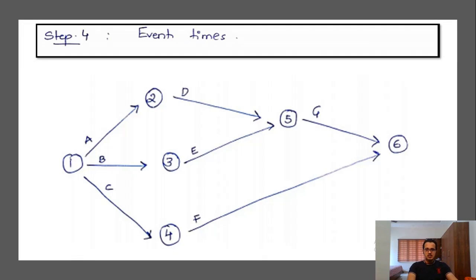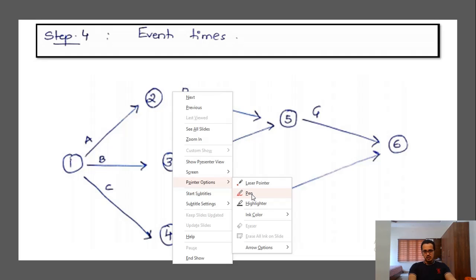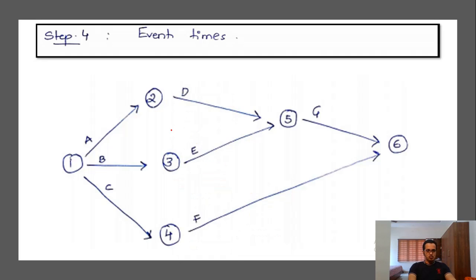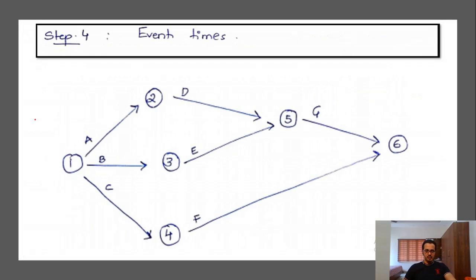The next step is to find the event time. Event time and activity time can be confusing sometimes, so be very careful while calculating the event times. We have to depend on the previous picture, the previous activity times, to calculate the event times.